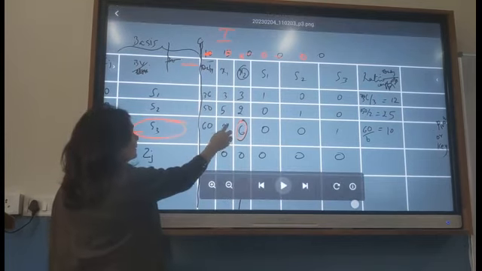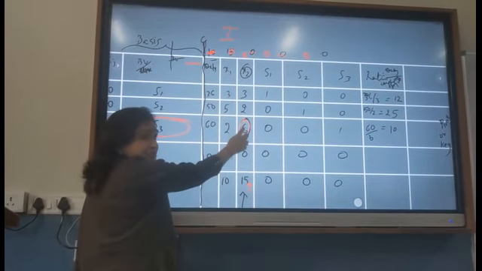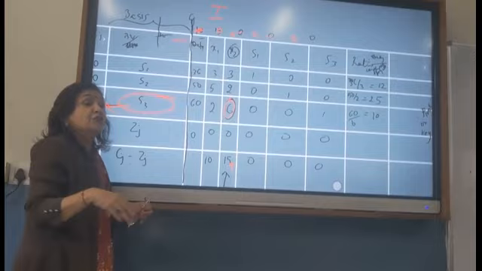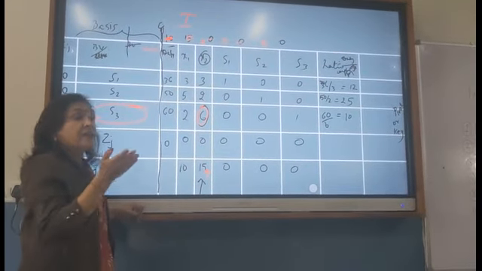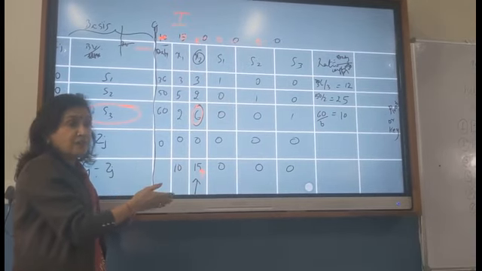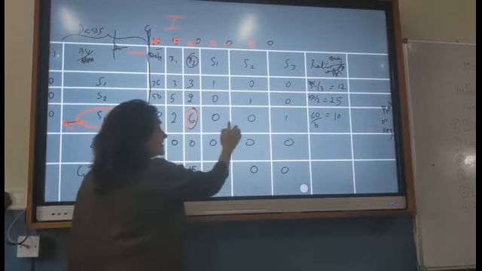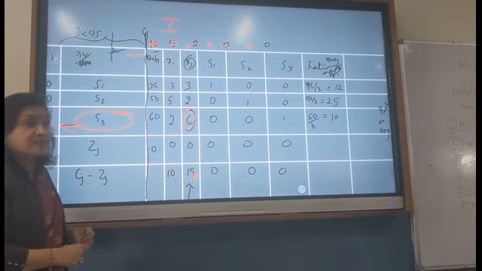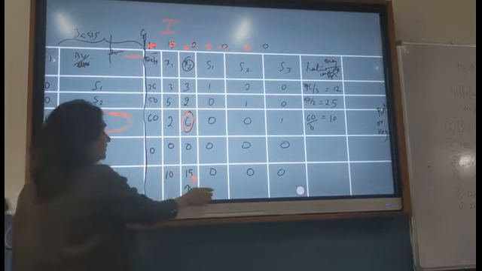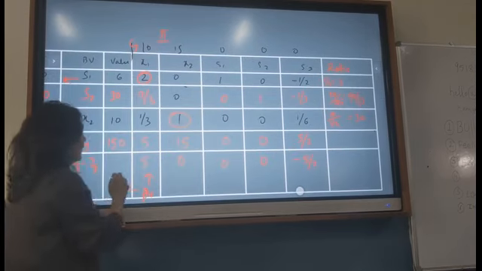Then the old row of table 1, I divide each element by the intersectional element. For example, here 6 is my intersectional element. To get the new row 3 of table 2, where x2 is the entering variable, I will divide this entire row by the intersectional element 6. So if I divide it, what do I get?